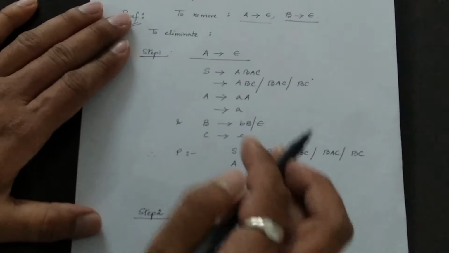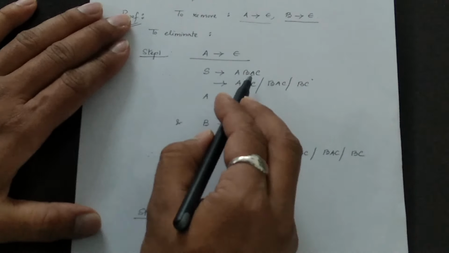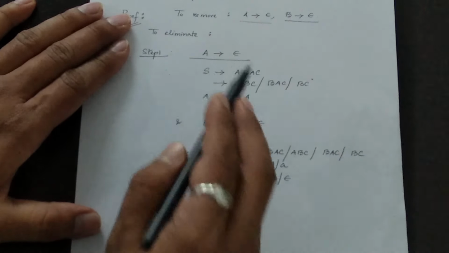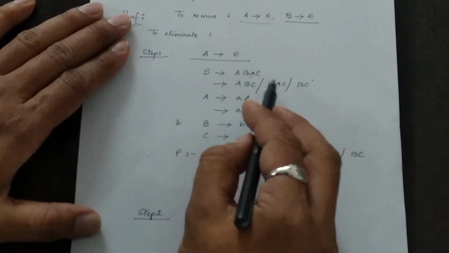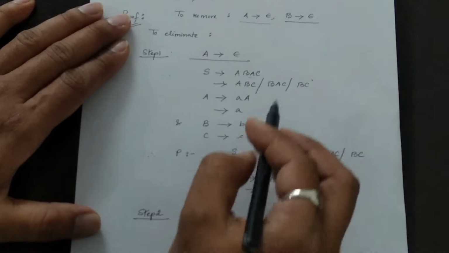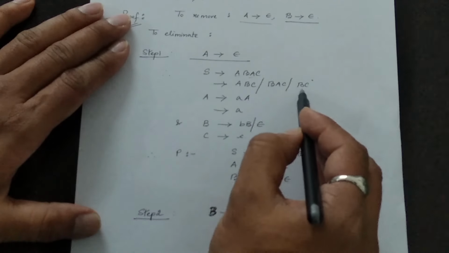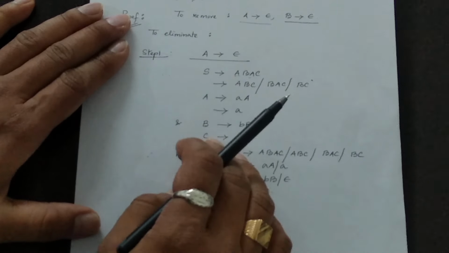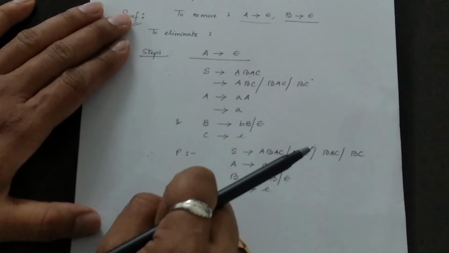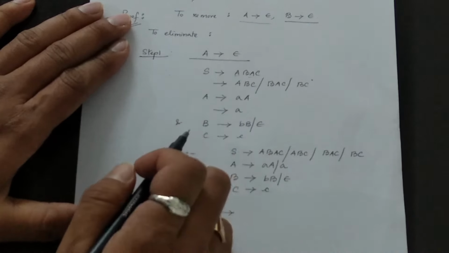So for the first one, I have eliminated only this A, so I got ABC by epsilon, correct? Epsilon means null. Then I eliminated this A and got this particular production, BAC. Then I eliminated both, and I got BC. So these are the maximum probabilistic productions that I can get after eliminating A tends to epsilon, correct?